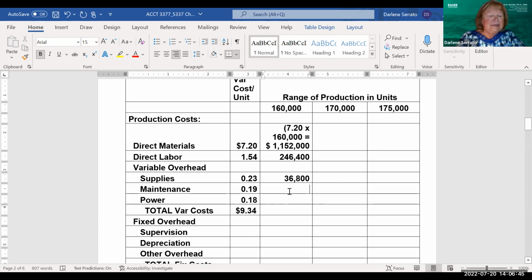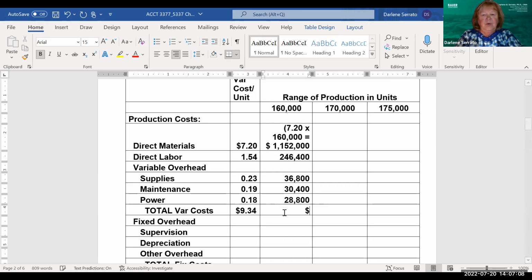19 cents times 160,000 units will give us $30,400, sorry. 18 cents times the 160,000 units is 28,800.